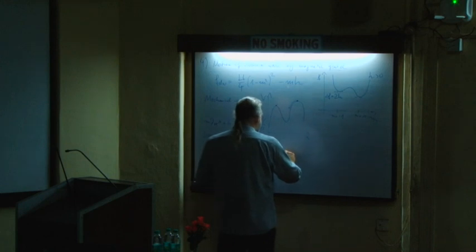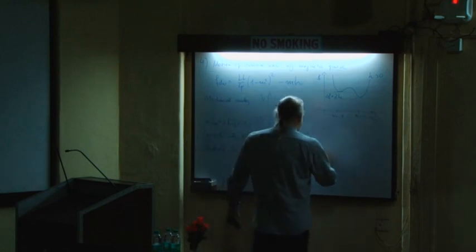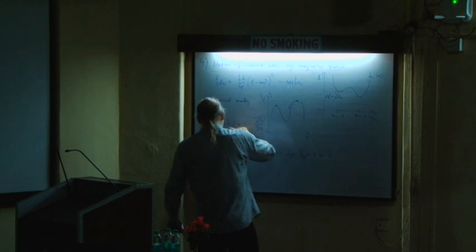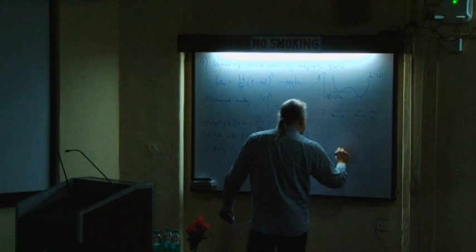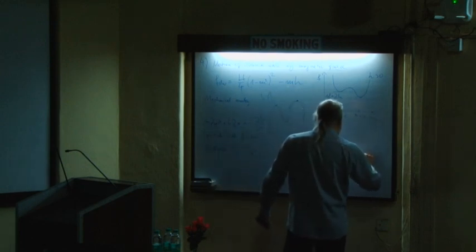I get m d_t x d_t^2 x plus b, oops, this is a d_t, sorry, d_t x squared is equal to minus d_t x dV/dx.